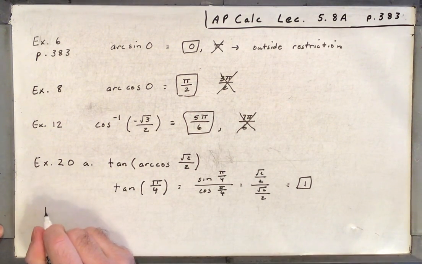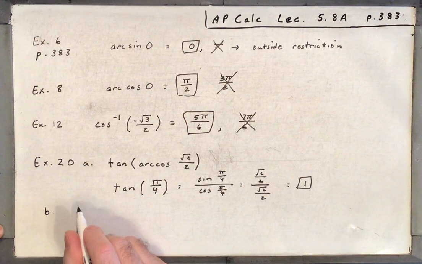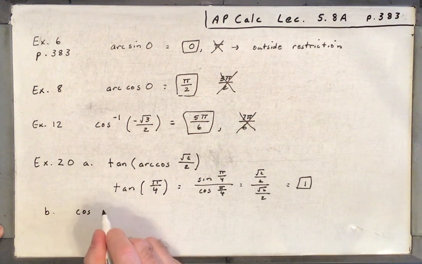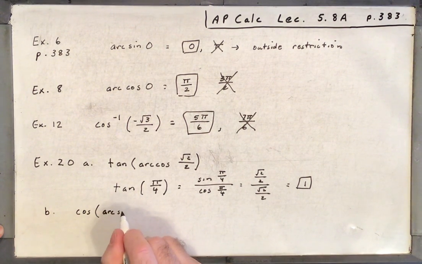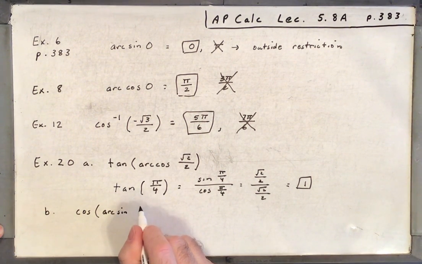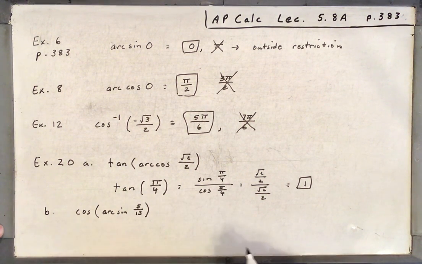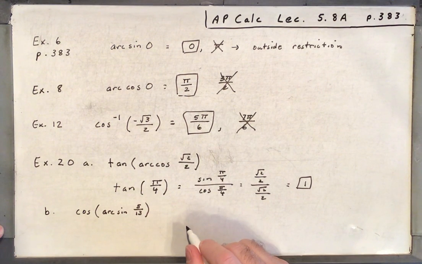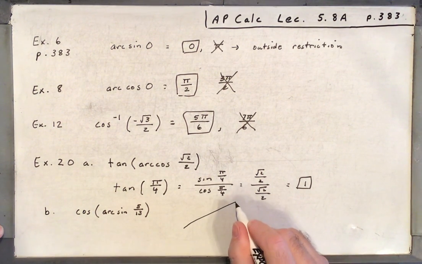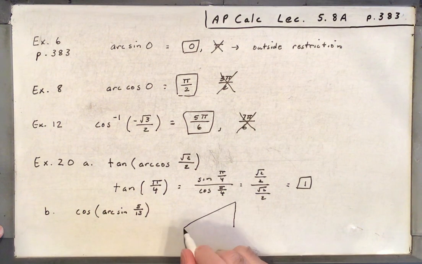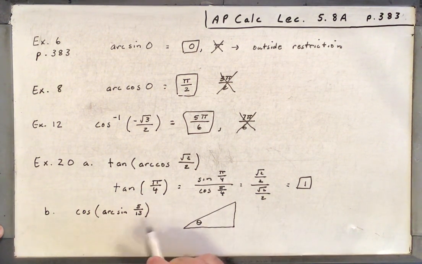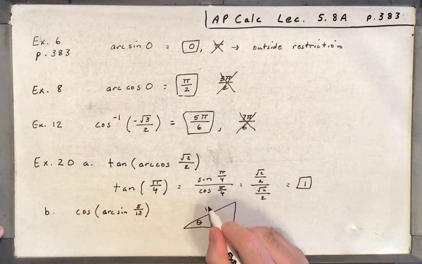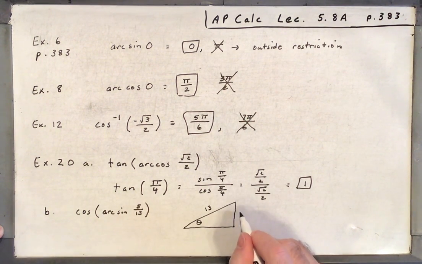Let's take a look at example B. The cosine of the arc sine of 5 over 13. Now 5 over 13 is not on the unit circle. If it's not on the unit circle, we need to draw a triangle. All right, the hypotenuse is 13. Opposite would be 5.